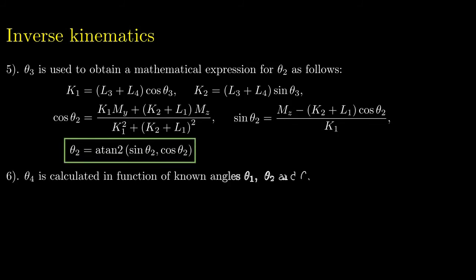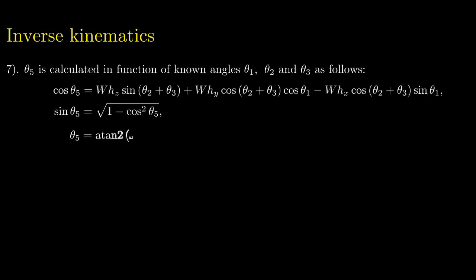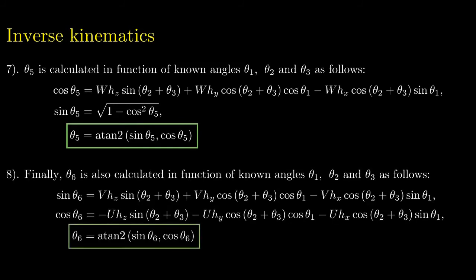In the sixth step, theta sub 4 is calculated as a function of the known angles theta sub 1, theta sub 2, and theta sub 3 as follows. In the seventh step, theta sub 5 is also calculated from previously known angles as the next equation shows. And finally, theta sub 6 is similarly computed in the 8th step by following the last equations.